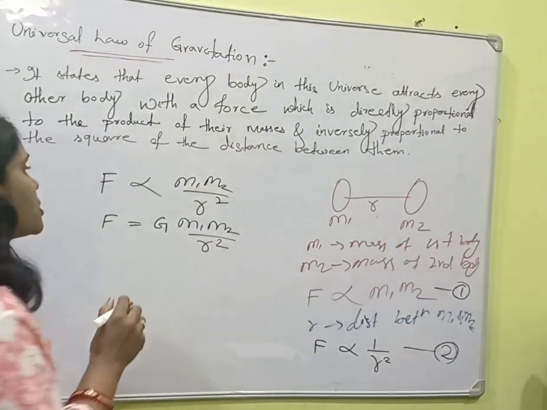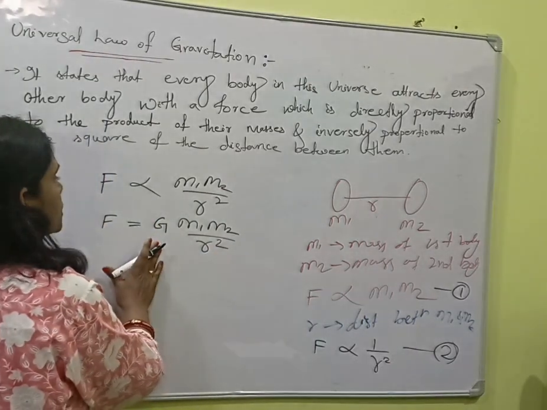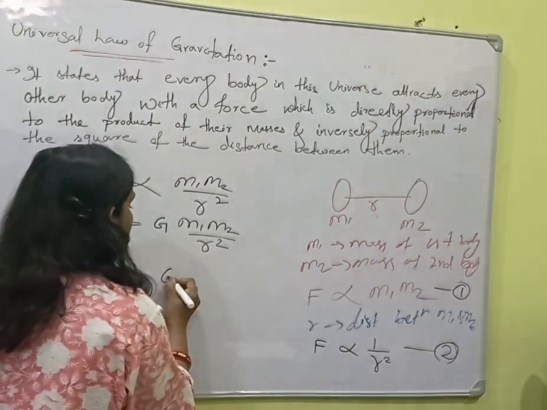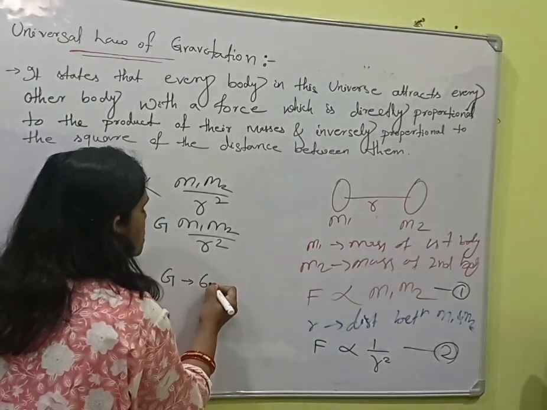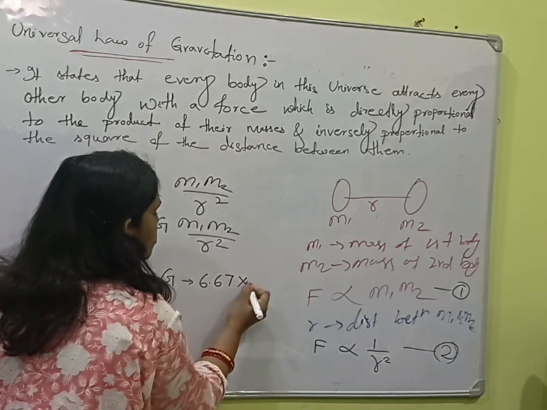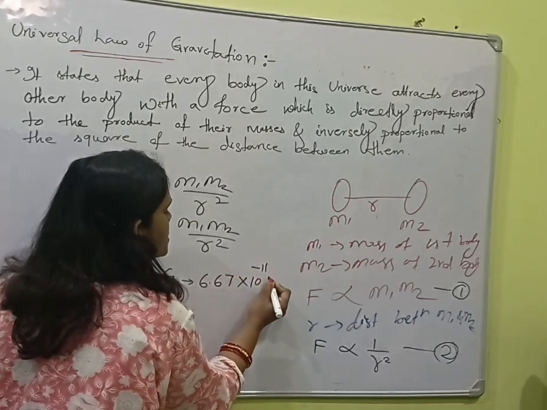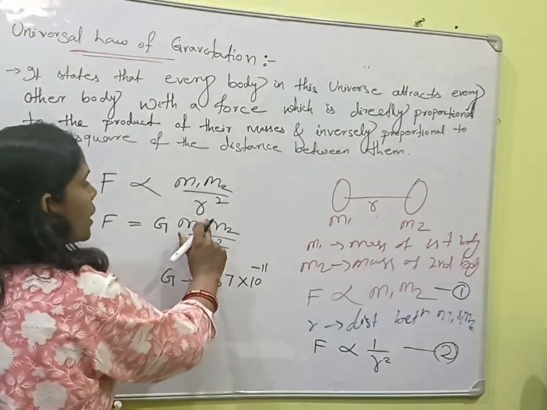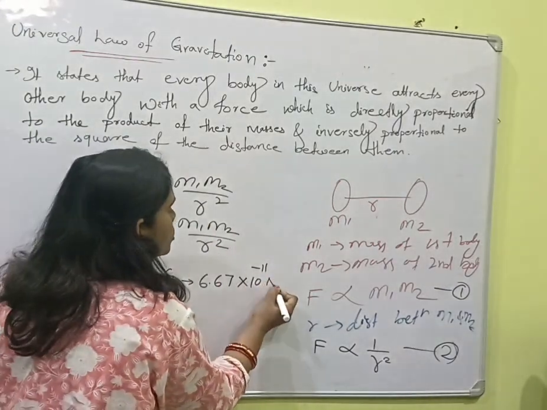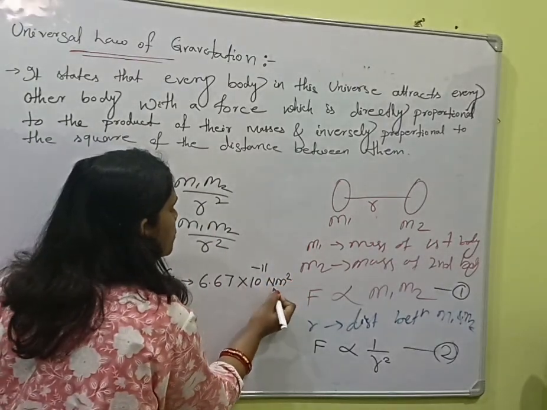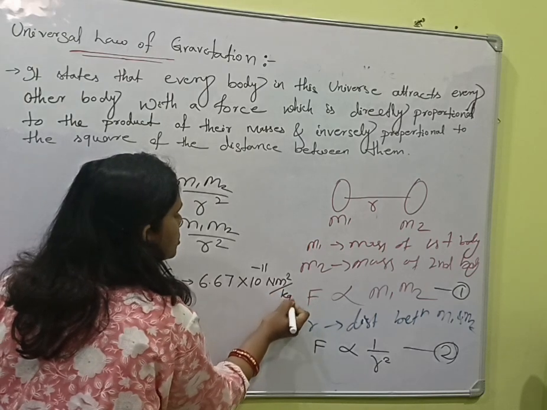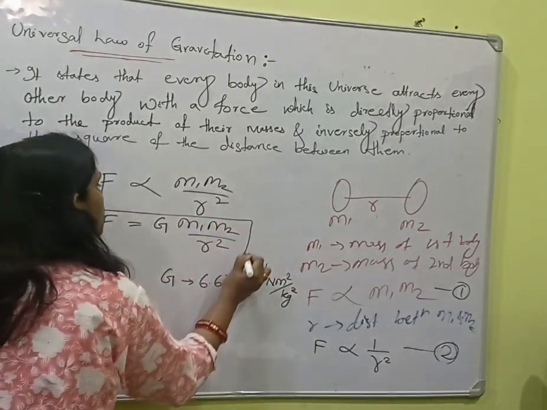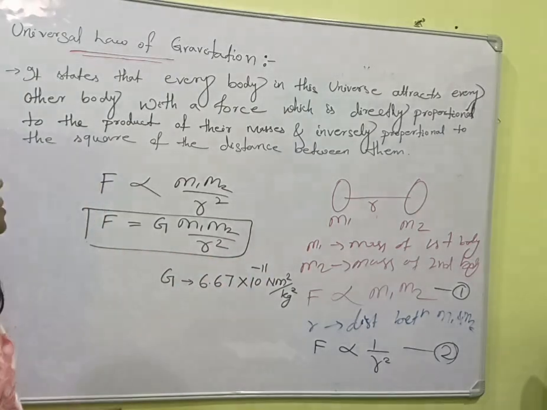Here G is called the universal constant or gravitational constant, and its value is 6.67 into 10 to the power minus 11. Its unit is Newton meter square per kg square. This is your universal law of gravitation.